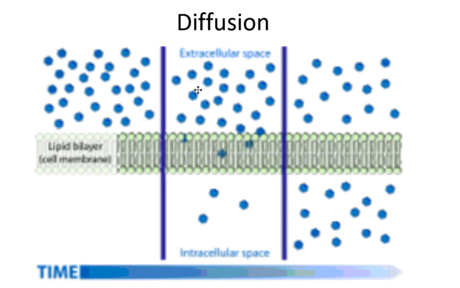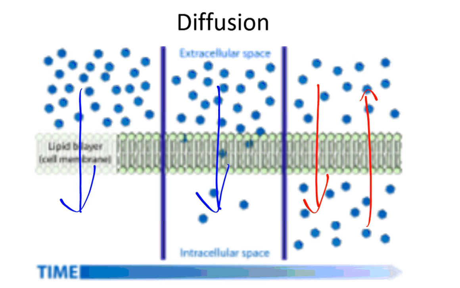At equilibrium, there's an even amount of movement both ways. Everything's nice and simple, not a lot of movement, everything's just kind of staying still, but there's an equal amount of movement both ways, meaning that it's going to stay equal.